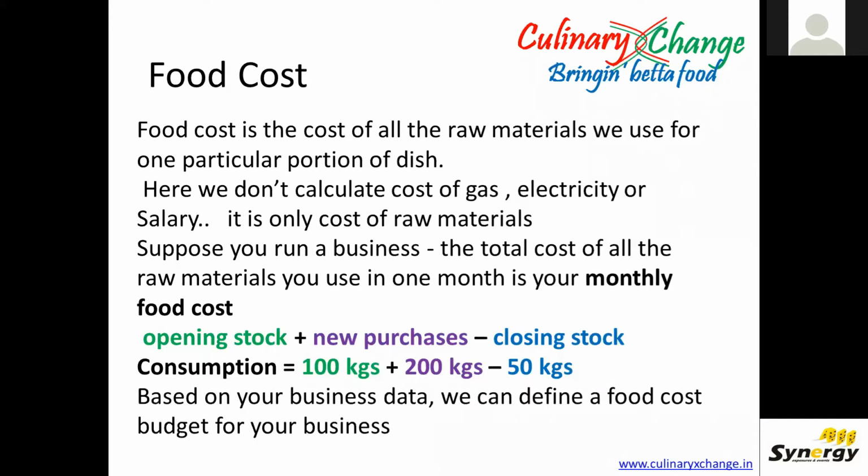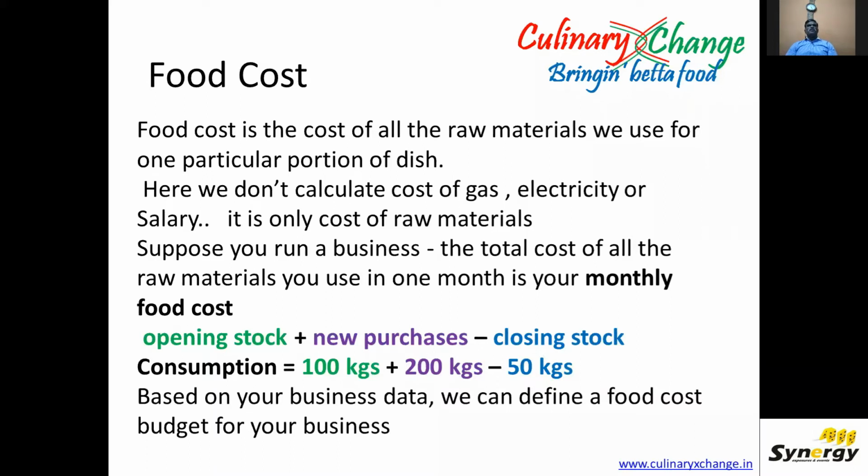See, these standard recipes for a smaller business, it is a little difficult, I understand, but we can always make use of your previous bills. Suppose in a year, throughout 365 days, your prices are not going to be the same, but at least you can have an average price per kilo.